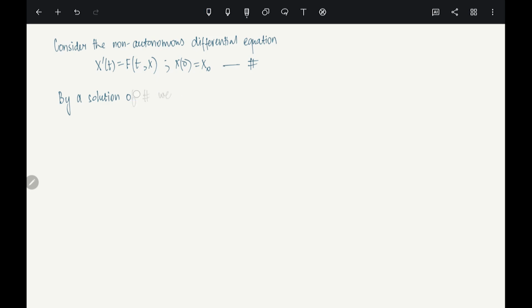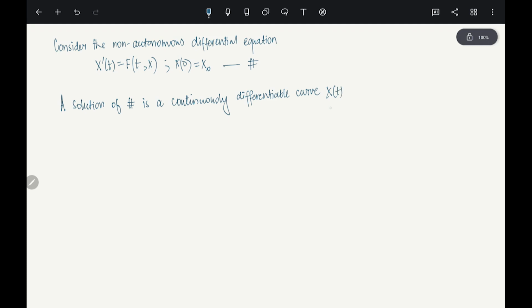Okay, let me rephrase this part. Yes, so basically we will say a solution of hash, system hash, is a differentiable curve, a continuously differentiable curve. Let's just put it this way: continuously differentiable curve, x of t, and where is it?